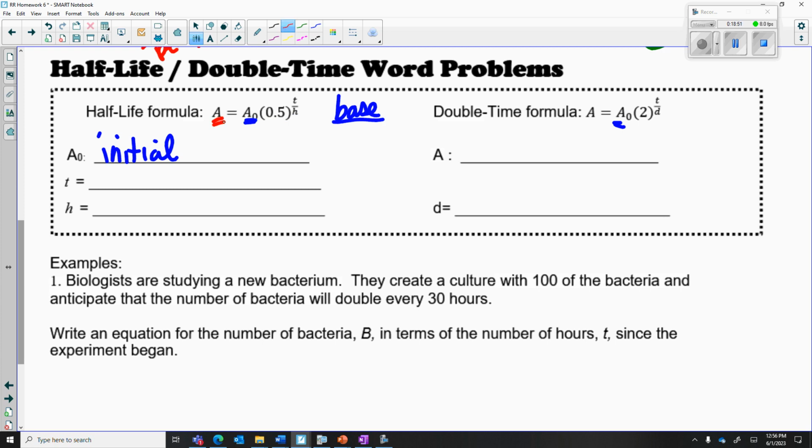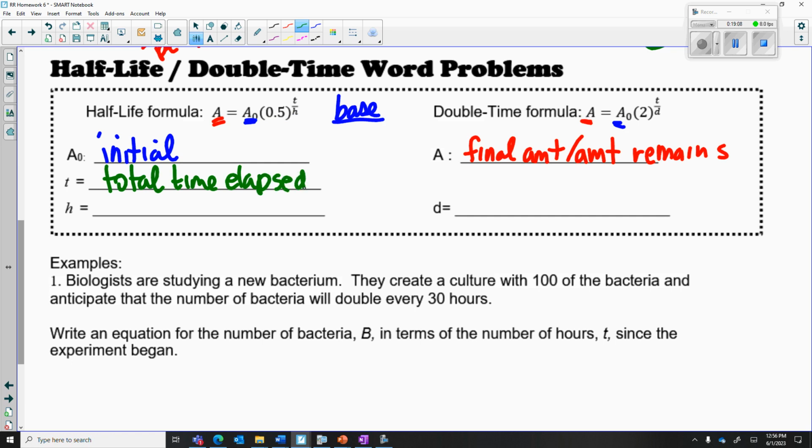The final amount is on the left-hand side. That's like the y. That's the amount that remains at the end of the time period. The t is the total time elapsed, whatever it may be. And then the h and the d represent either half-life, if they give you a half-life, or doubling time, if they give you a doubling time.